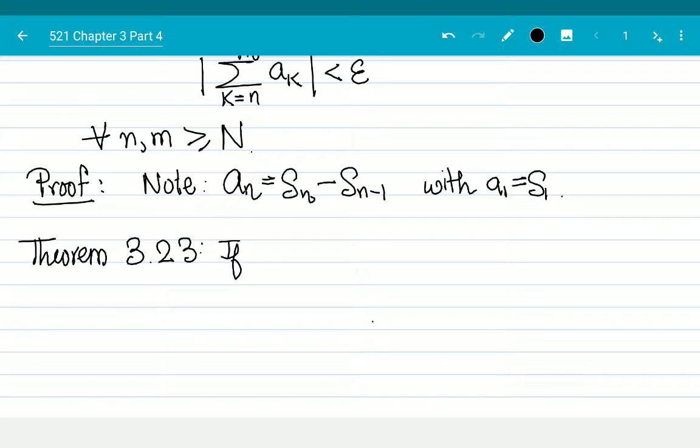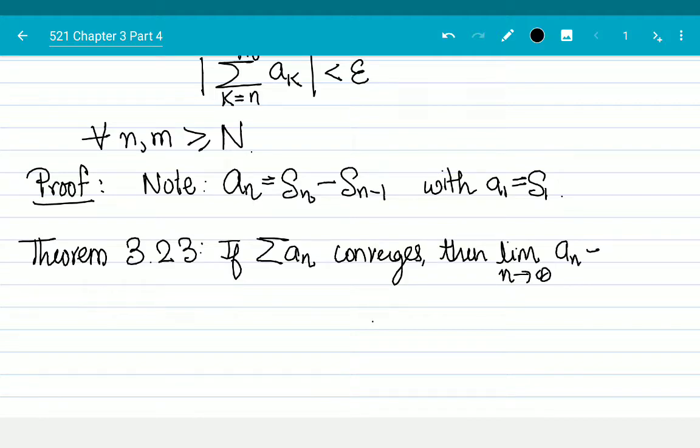If summation an converges, then the limit as n goes to infinity of an is equal to 0. Proof?